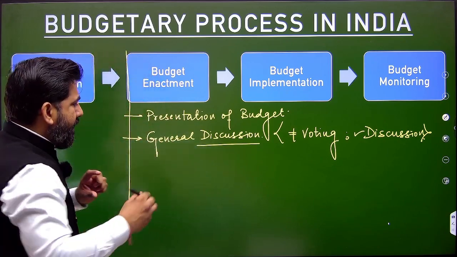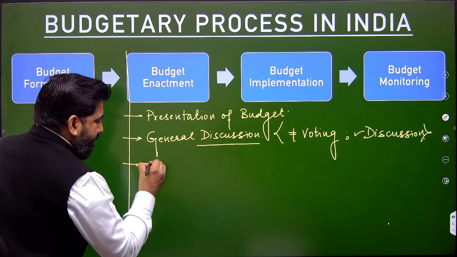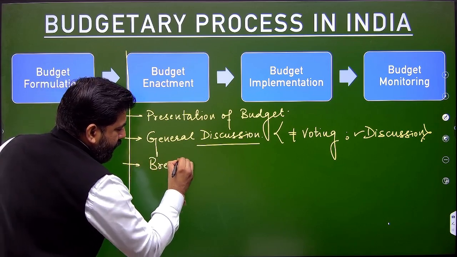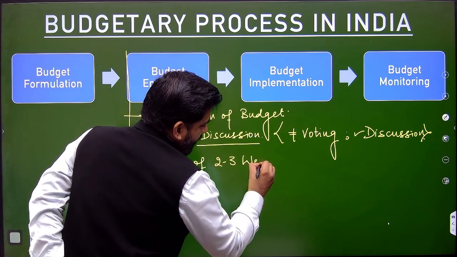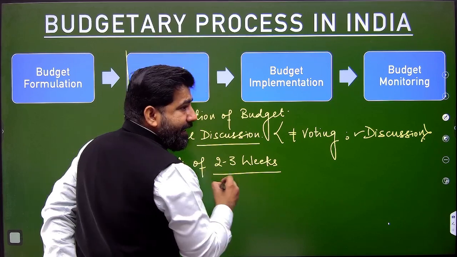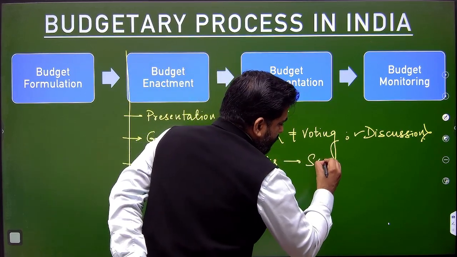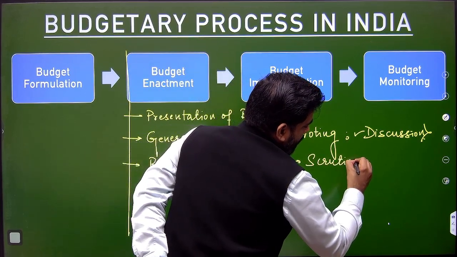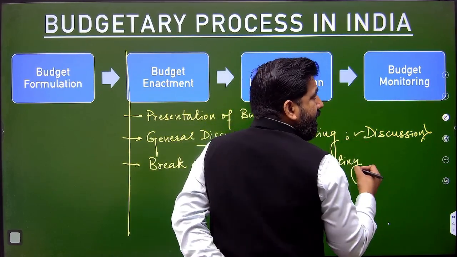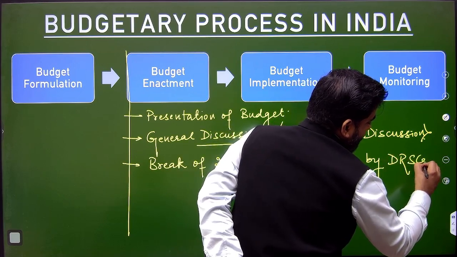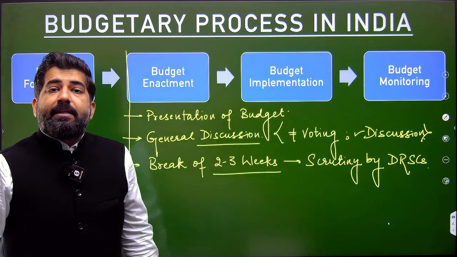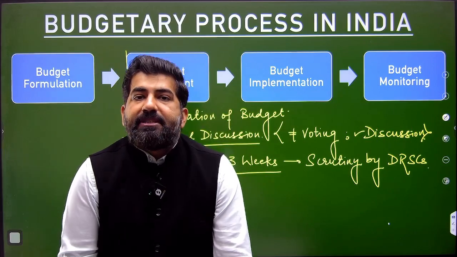There is a break of 2 to 3 weeks, and this break is aimed at scrutiny of the demand for grants by DRSCs, the departmentally related standing committees.